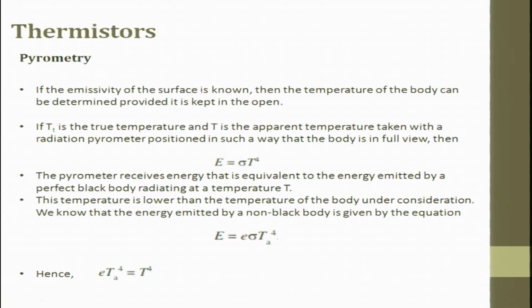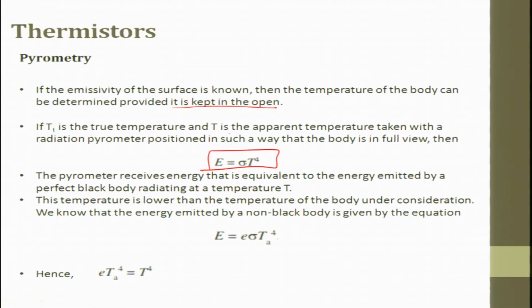If the emissivity of the surface is known, then the temperature of the body can be determined, provided it can be kept in the open. If T is the true temperature and Ta is the apparent temperature taken with a radiation pyrometer positioned in such a way that the body is fully viewed, then E is equal to sigma Ta to the power 4.